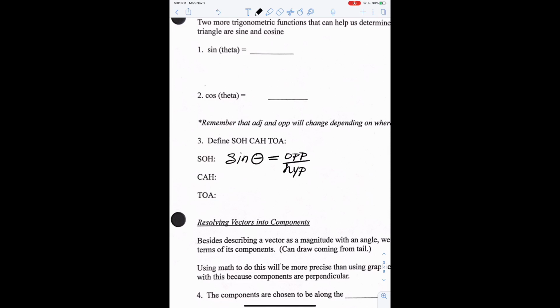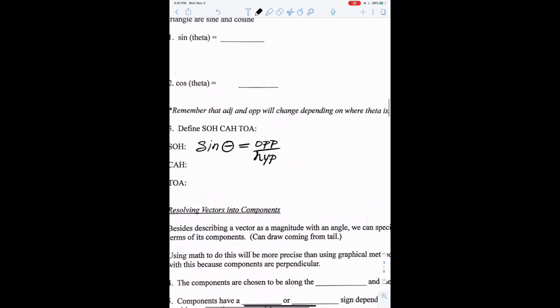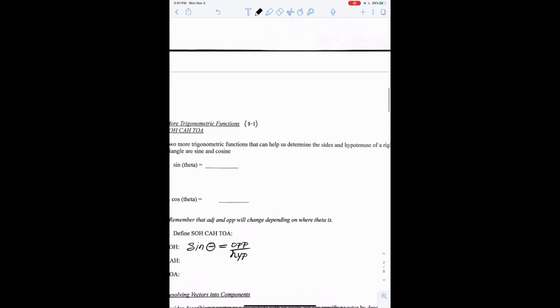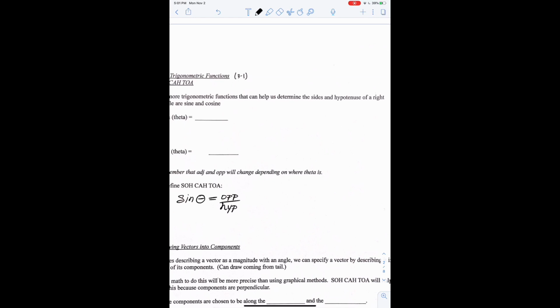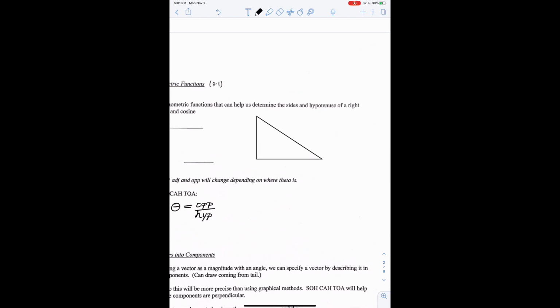All right. How do we make sense of this? We should probably draw a picture of a triangle and label those sides. So I'm actually going to draw 2 triangles because something interesting happens here with 2 triangles. There we have one, and here we have a second one that looks very similar.